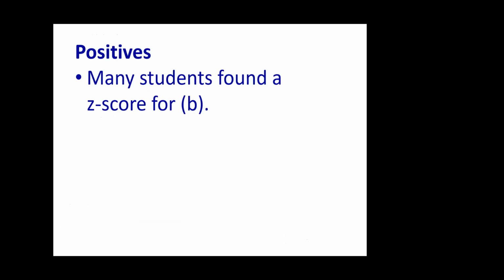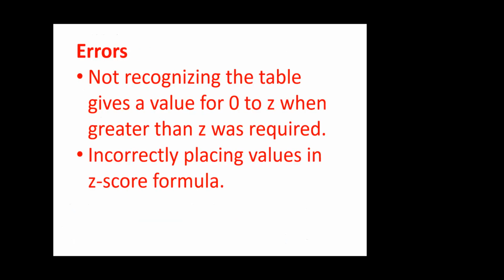Many students found a z-score for part B. That was a positive, but I'd have to say there weren't too many other positives that came from it. The biggest things were that they didn't recognise that the table gave the value from 0 to z, when what they were required was greater than the z. So there needed to be a subtraction part coming in place there.